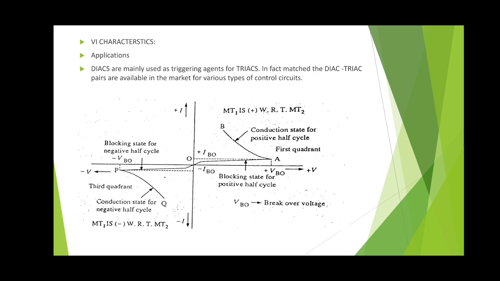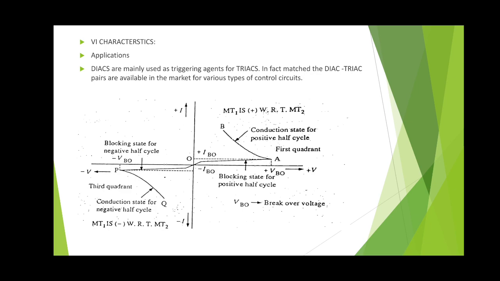At a voltage less than the breakover voltage, a very small amount of current will flow through the device, which is called leakage current. Unless and until the device goes into forward breakover, it is not going to conduct. A very small current, that is the leakage current, will flow through the device.